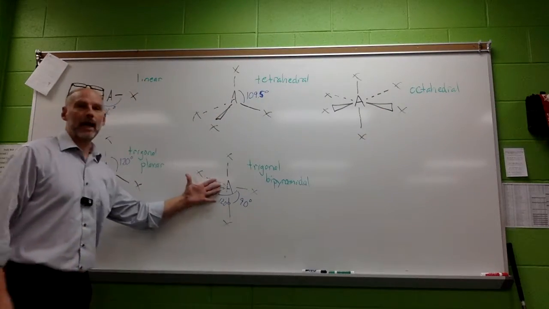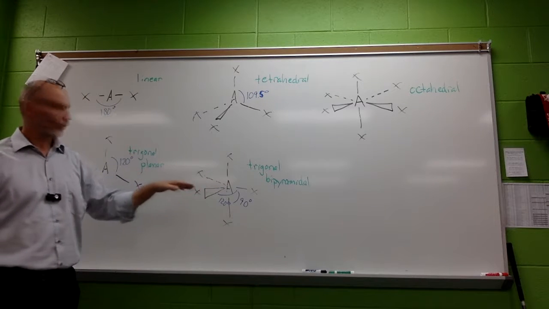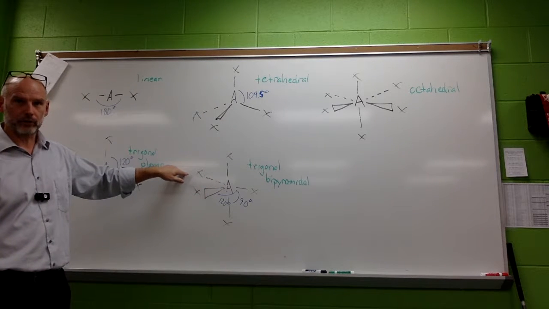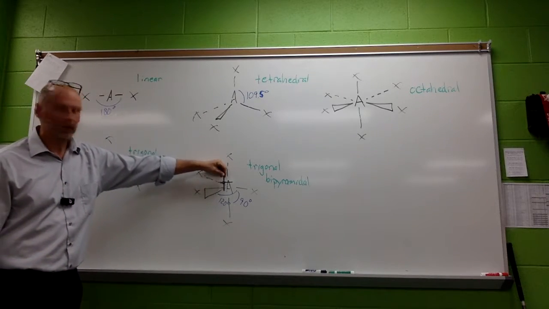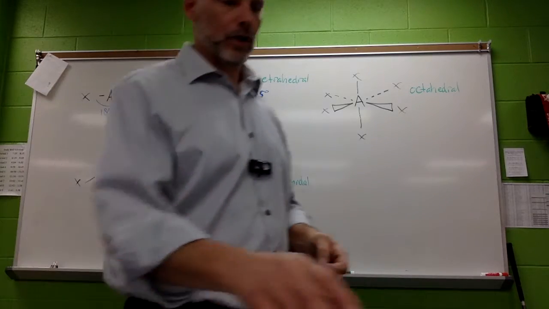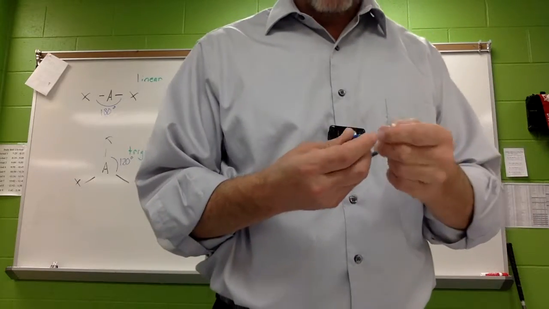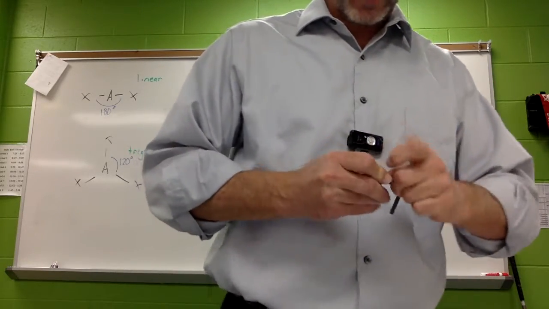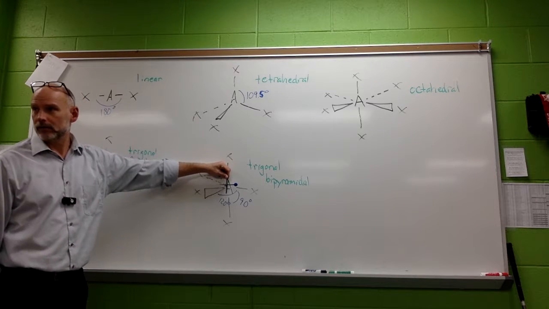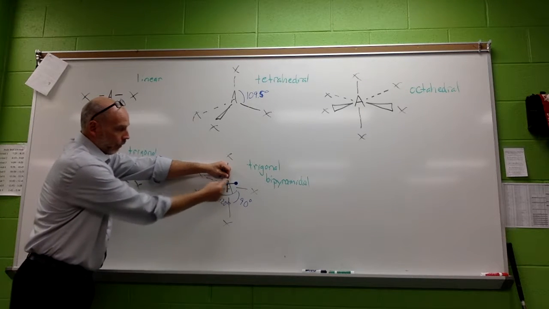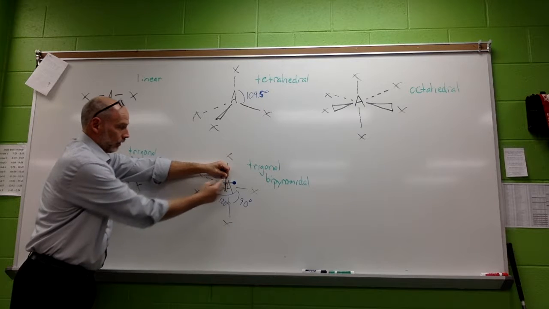The triangle means it's coming out of the surface. The dashed line means it's going behind the surface. So, once again, watch. In fact, I'll put a marker on one of them so you guys can keep track of what's going on. Now the marker's on the same plane. You clearly see that that's 120.